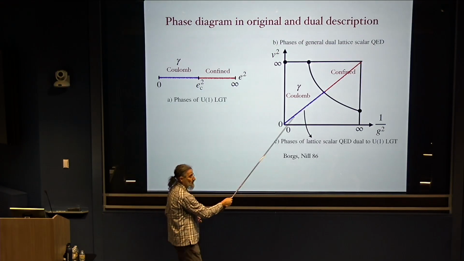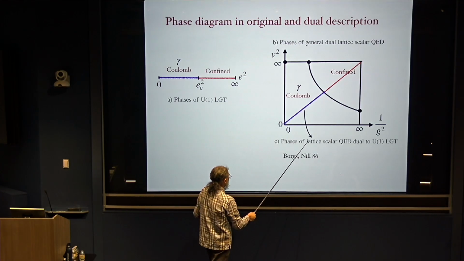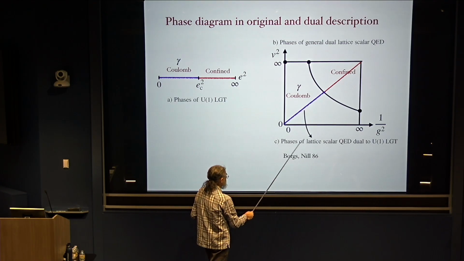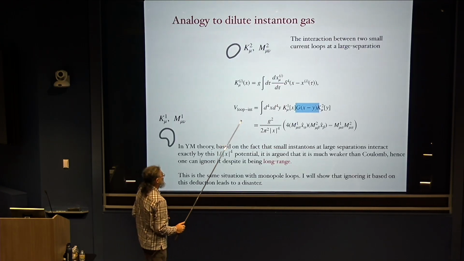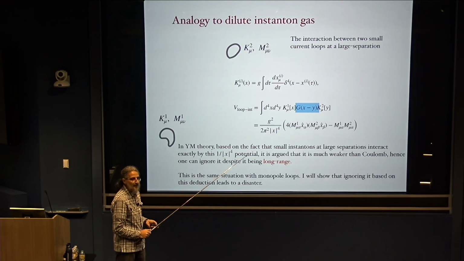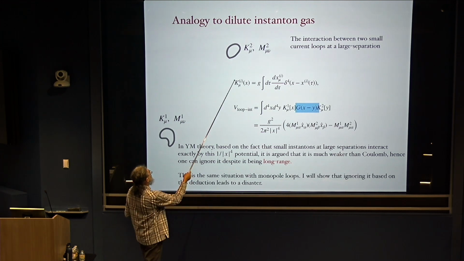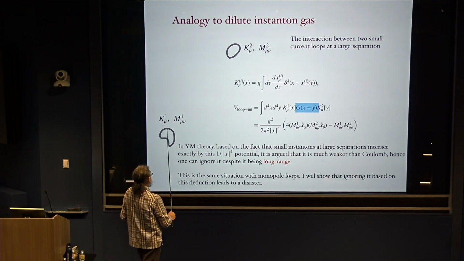You can also construct the same thing in U1 abelian Higgs. And let me skip this, it's not that important. The important thing is following. Let's take, again, we are in the context of U1 lattice gauge theory, take these two monopole loops.